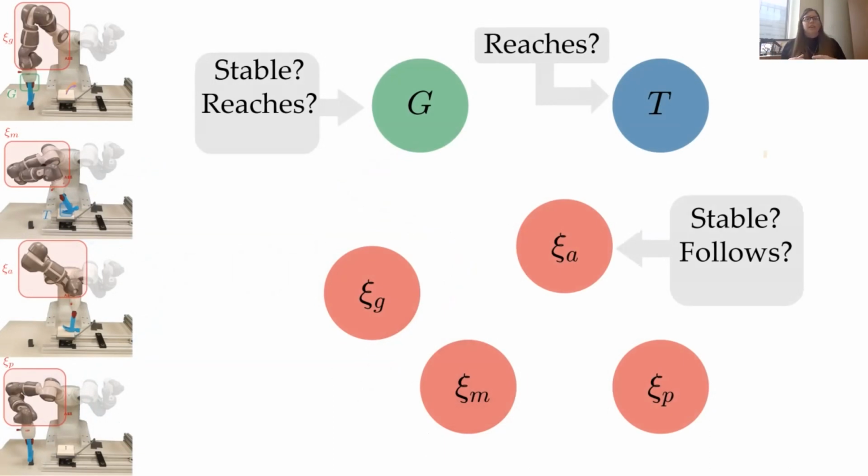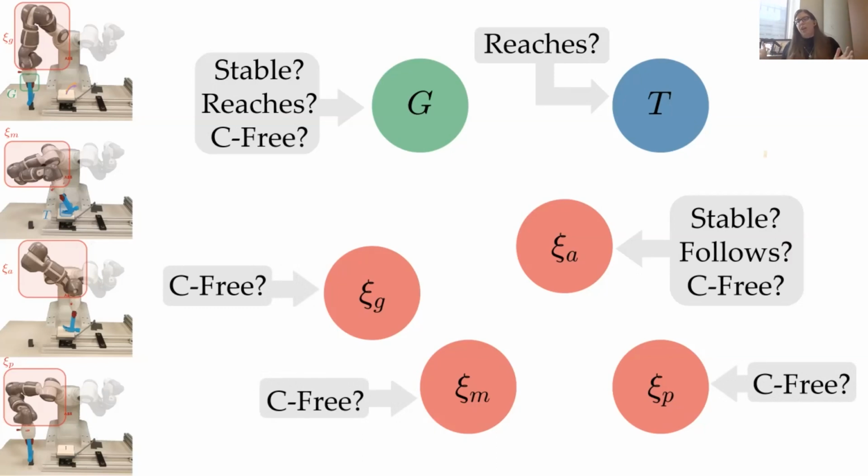Because it's a function of the grasp and the tool location, reachability constraints are added for both of those. In addition, for everything we do, we want all the paths that we generate to be collision free. So this defines all of our force and motion related constraints on our different decision variables.